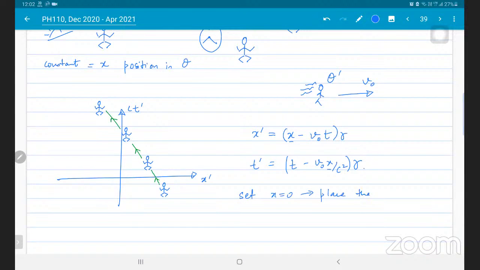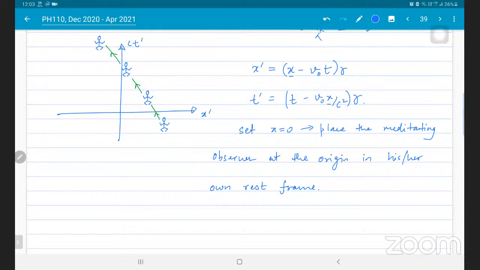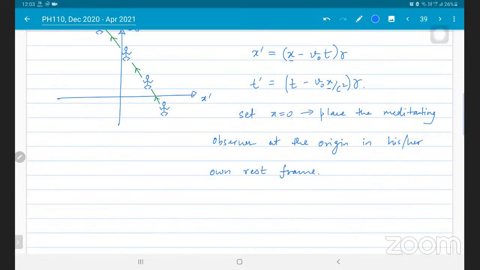So I place the meditating observer at the origin in his or her own rest frame. This is just for convenience. What happens now?